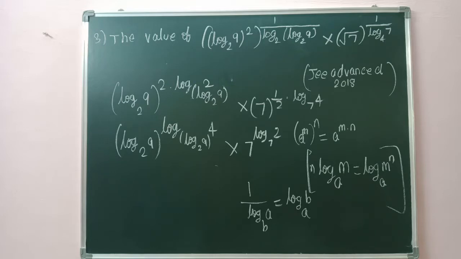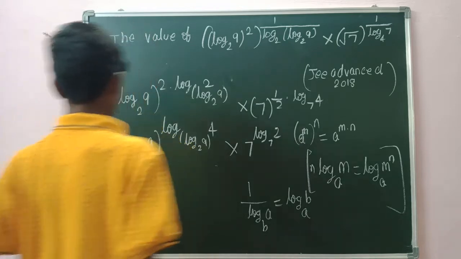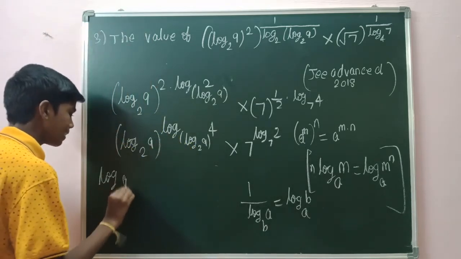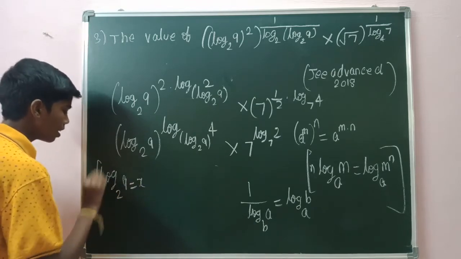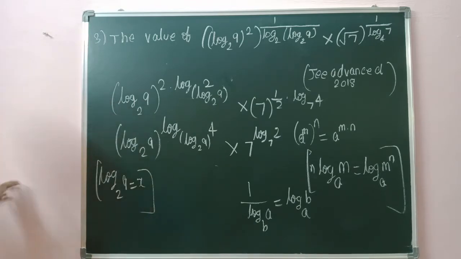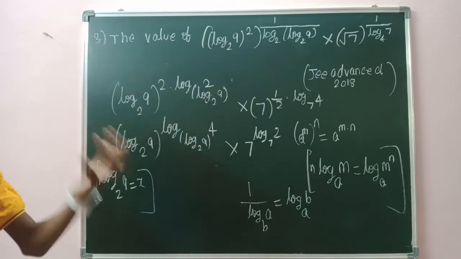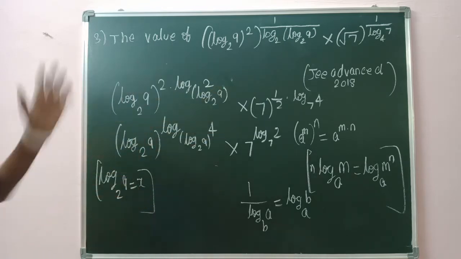Okay. So now people, let me take your log to the base 2 of 9 as x, because of log to the base 2 of 9 only this much complicated pronunciation I am making. So therefore I will take this as x.